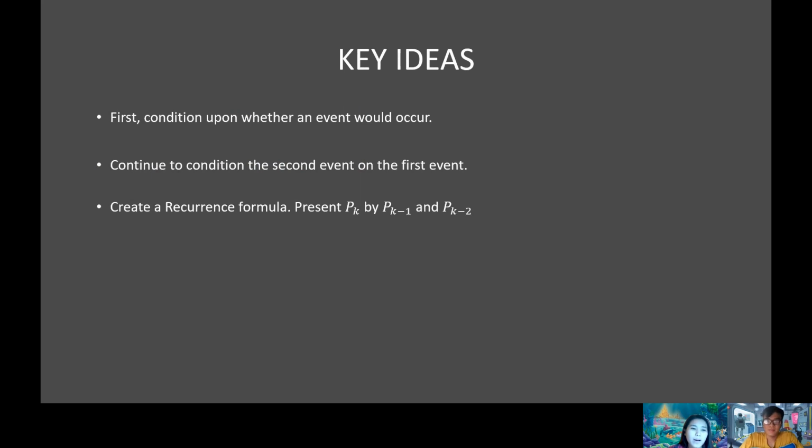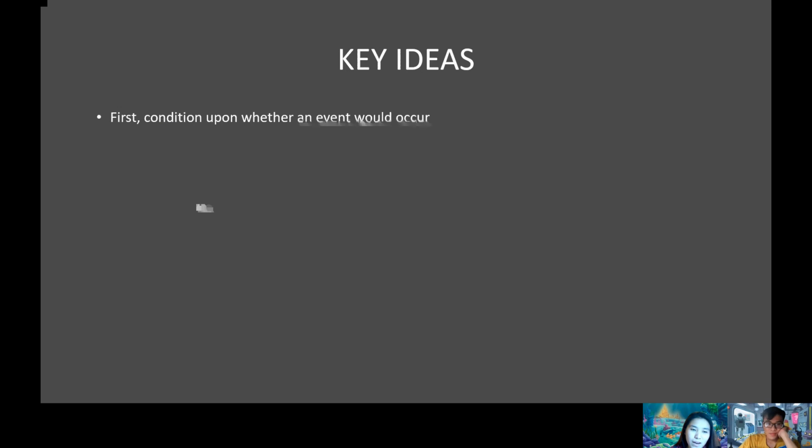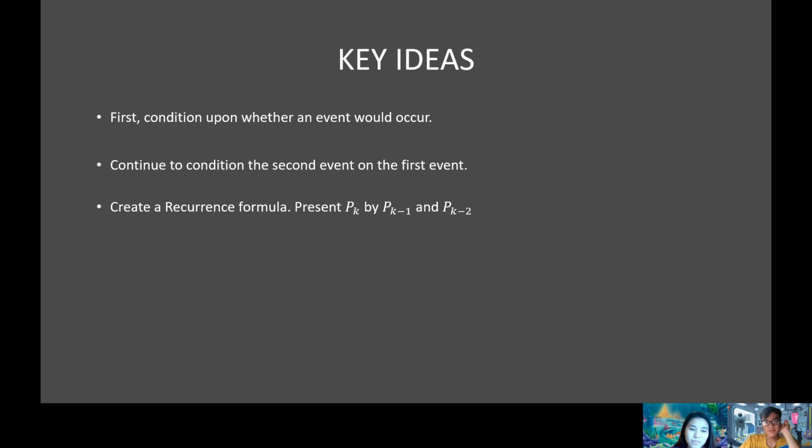For this problem, first we need to condition upon whether the first man will select his own hat, and then we continue to condition on whether the second man will select the hat of the man that selected his hat, or he would select among n minus 2 other hats, and then create a recurrence formula representing Pk by Pk minus 1 and Pk minus 2, which Han Fu has already demonstrated for you in part A. All right, I hope that was clear for all of you.